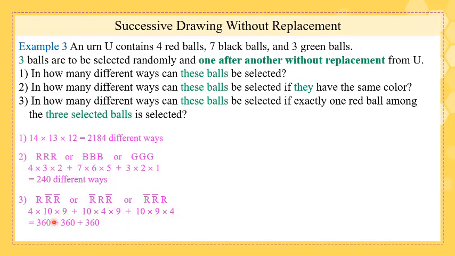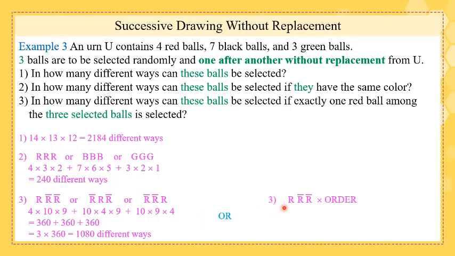And this would be nothing but 360 plus 360 plus 360. And we all know the relation between addition and multiplication. So 360 plus 360 plus 360 is nothing but 3 times 360, which is 1080 different ways. And here, in fact, we could have found only one of these 3 cases and then multiplied it by 3. This is what will happen here.